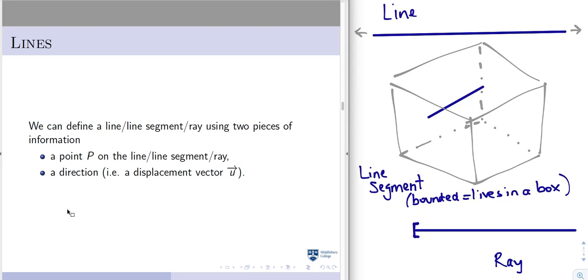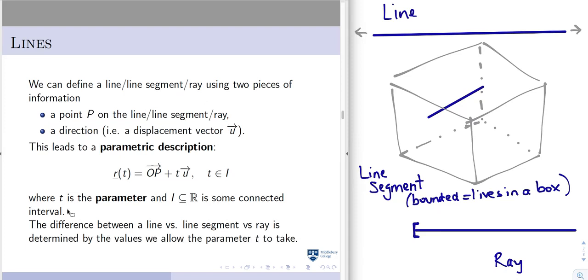So we can define a line or a line segment or ray using two pieces of information. We need to determine a point P on the line, line segment or ray, and we need a direction. Of course, now we know that whenever we want directions, we really mean we want a displacement vector u.